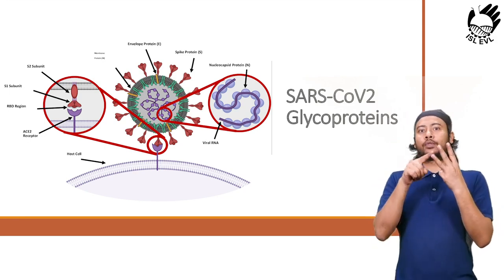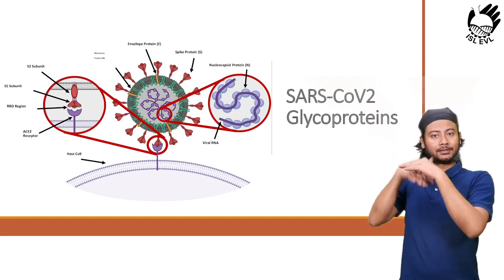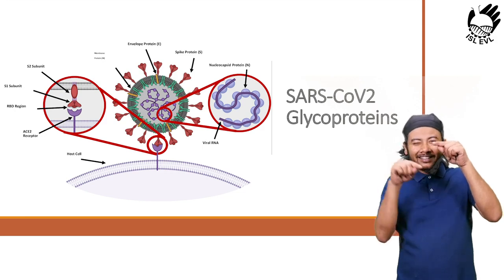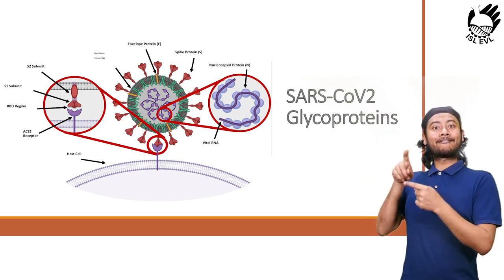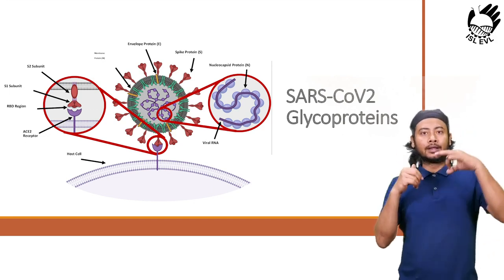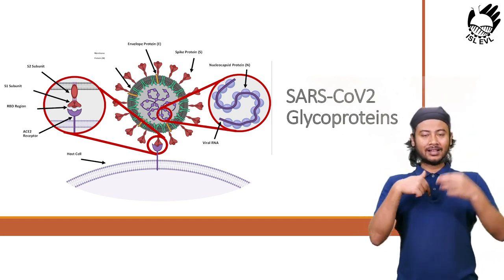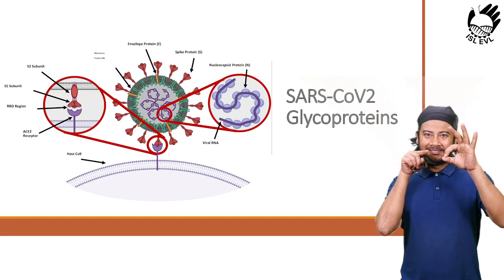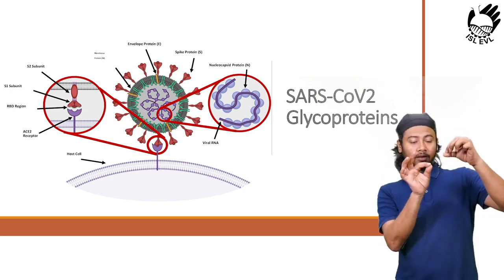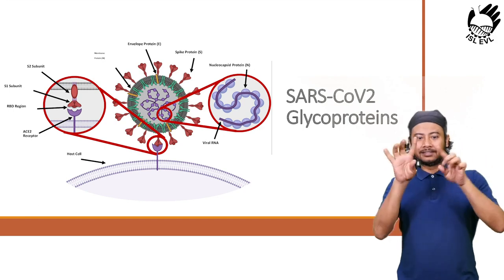It is not a glycosylated protein, it is a phosphorylated protein that entangles the genetic material of the virus. And the virus, as shown in this figure, enters the host cells by the binding of its spike protein with their receptors.